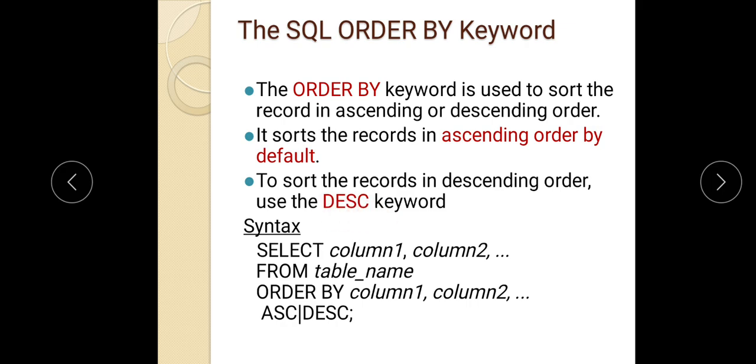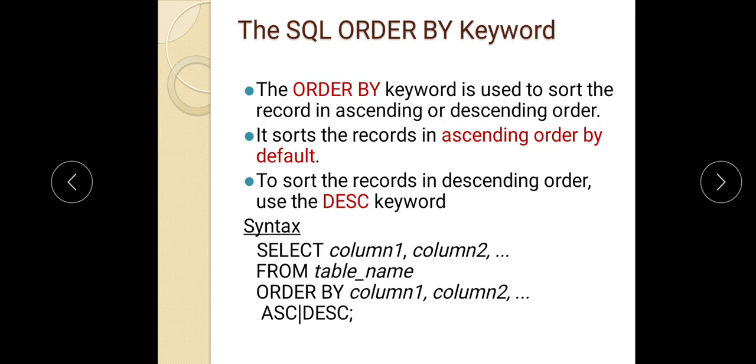Clear? For sorting in ascending order, we just need to give the order by keyword. We don't need to give any additional keyword for ordering in ascending order. But in the case of ordering in descending order, we have to give the keyword DESC.